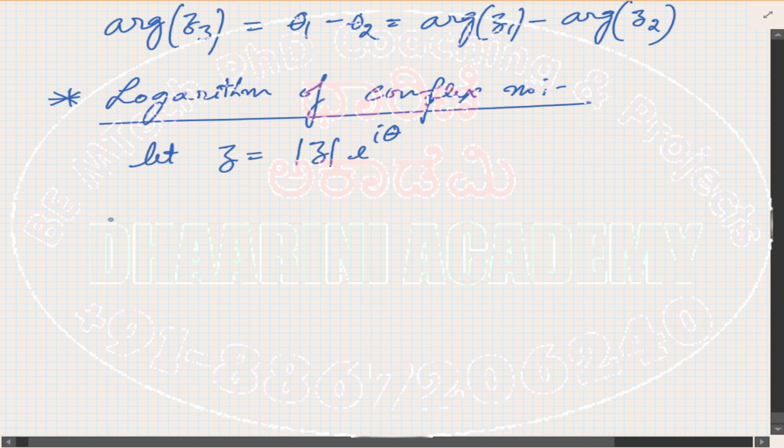So if we want to take log z, then this has to be log of magnitude z e to the I theta.